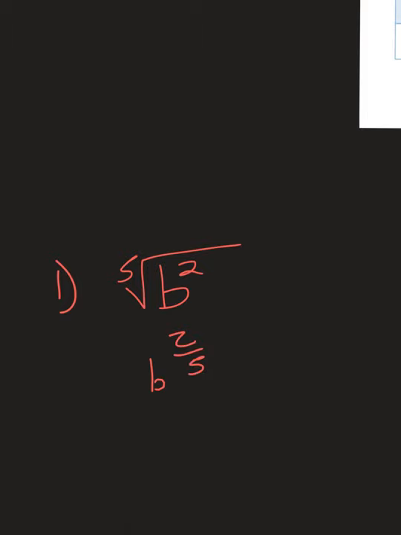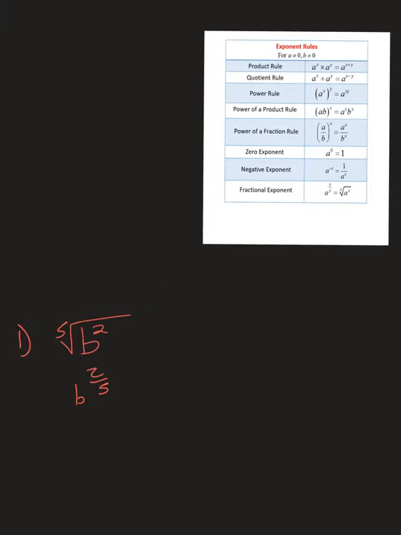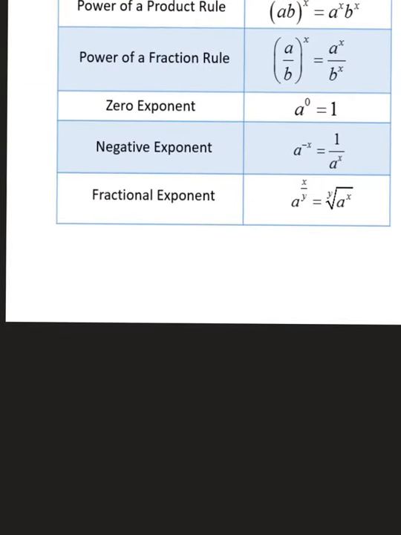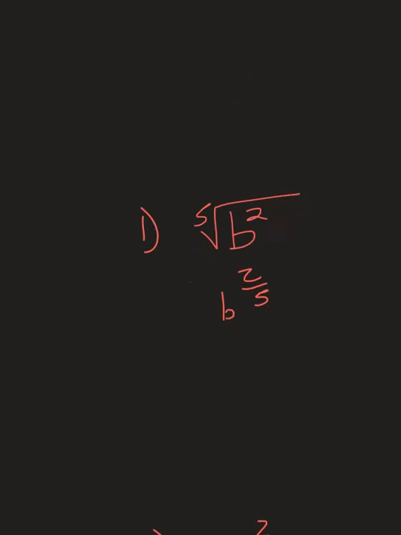Did we all see that? This is because, based on the rule, we are raising our radical to the second, so that's going to be our numerator.